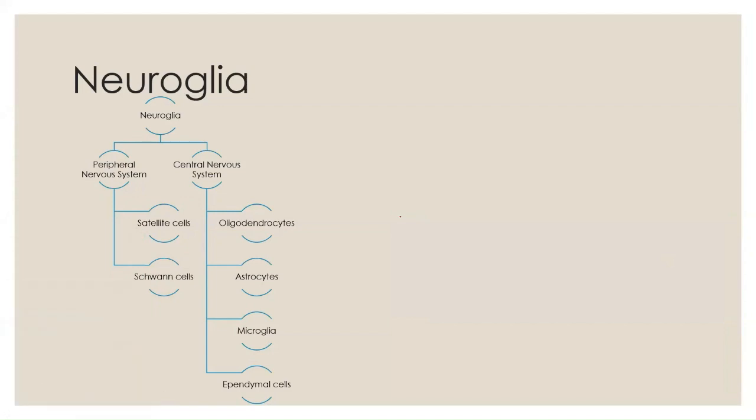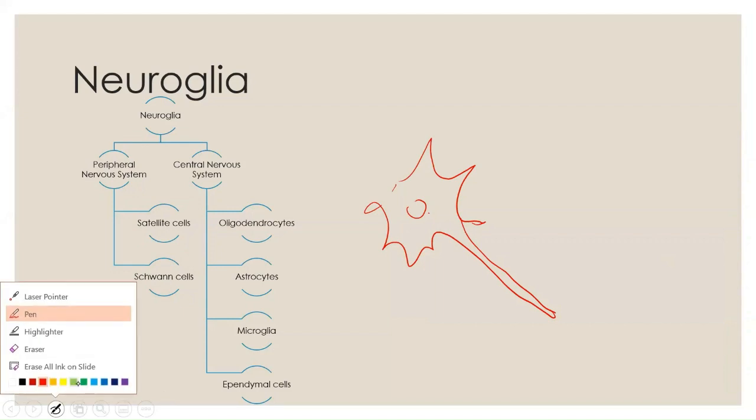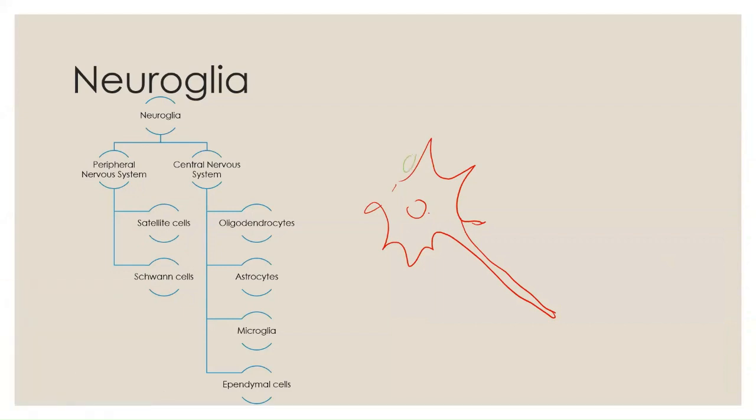And satellite cells are cells which surround the cell body, and they provide a chemical support, metabolites, and those things control the internal environment. They just surround the cell bodies like this.